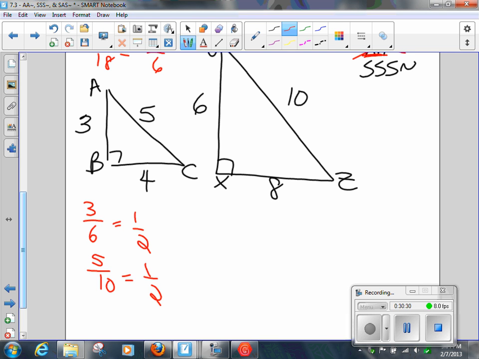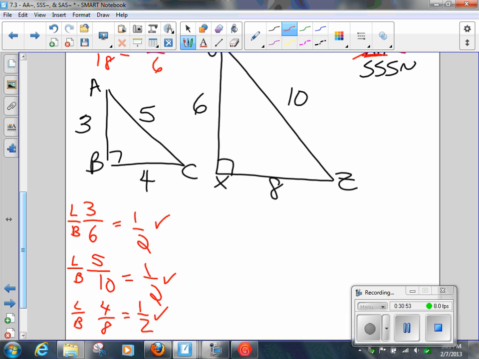If I start with little over big, then I've got to stay little over big, little over big. Y'all cool with that? Okay. So what's the last ratio I have to check? 4/8, which is 1/2. Hey, all of my similarity ratios match.